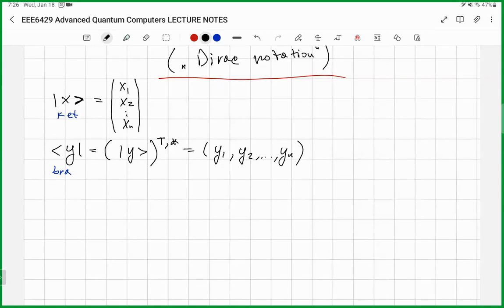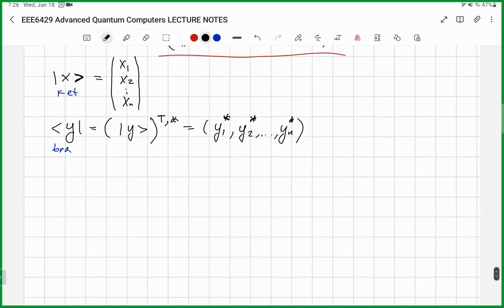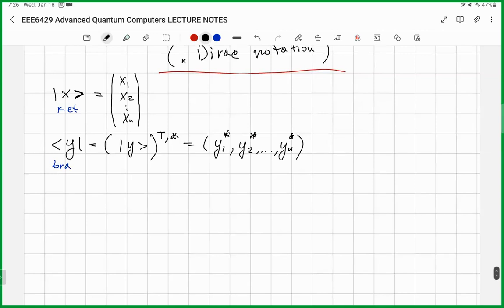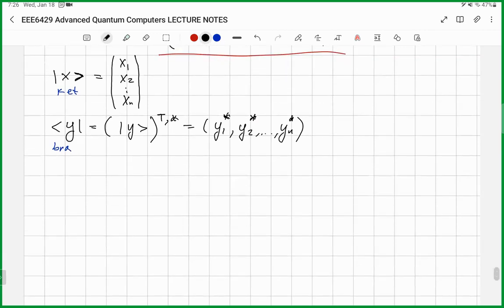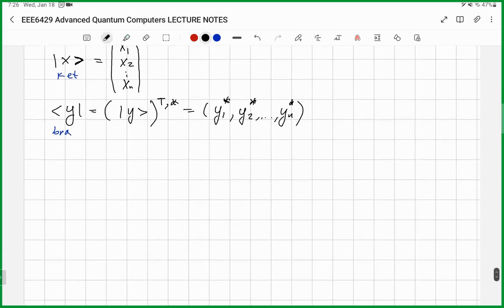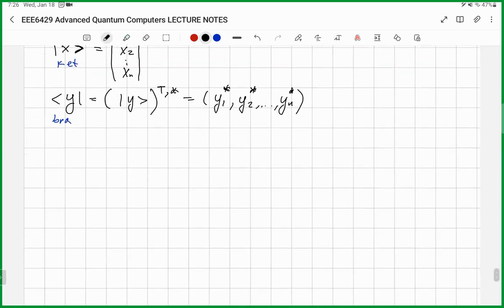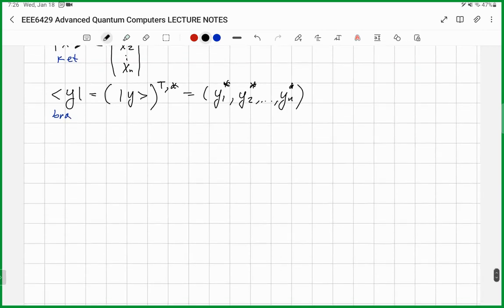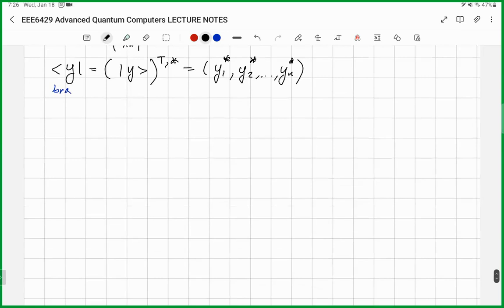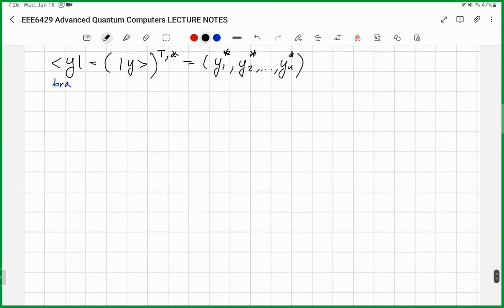But on top of that, I have to take the complex conjugation of each component to make it consistent with the previous discussion, when we took the scalar product of two vectors and saw that the result is real valued when it is the vector times the complex conjugated vector.